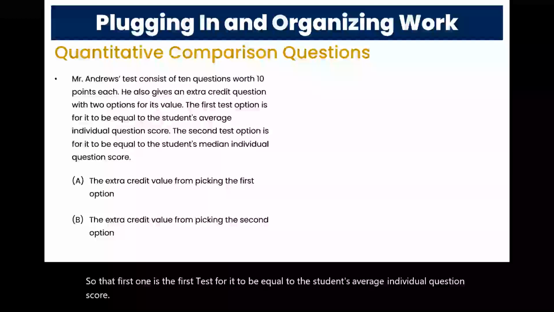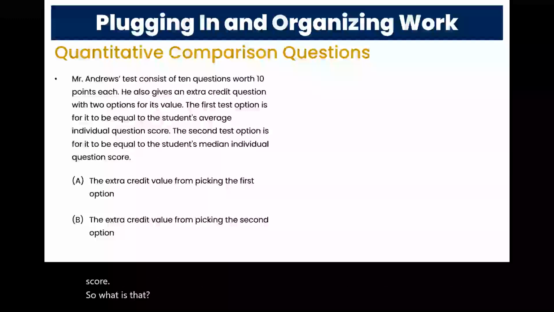So what is that? Do we actually know what the student's average individual question score is?